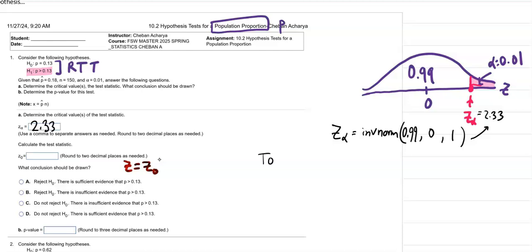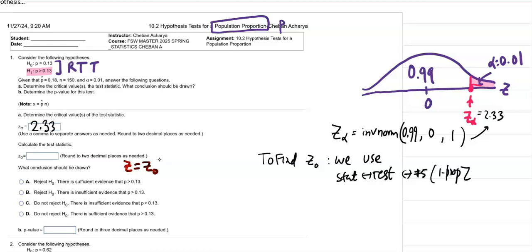To find the Z0 test statistic, we use STAT, TEST, number 5 in the calculator. Number 5 is 1-PropZTest. Again, this is the calculator function to test the hypothesis for a proportion.